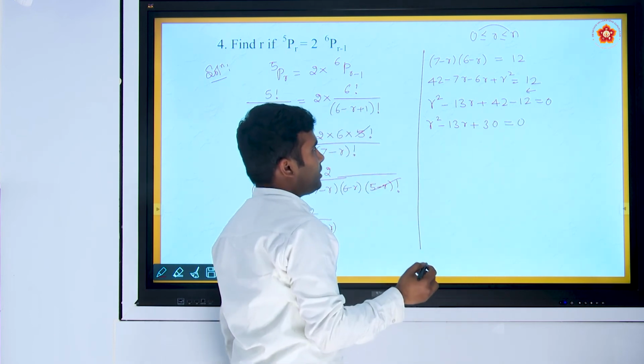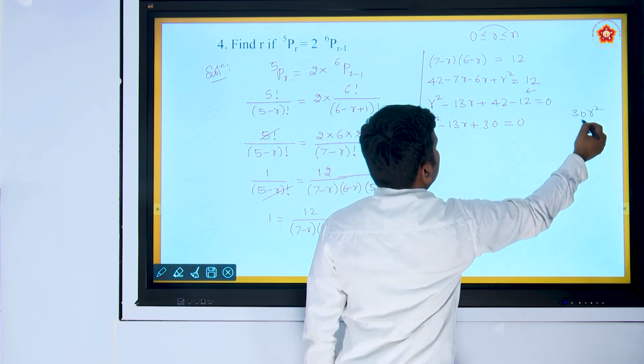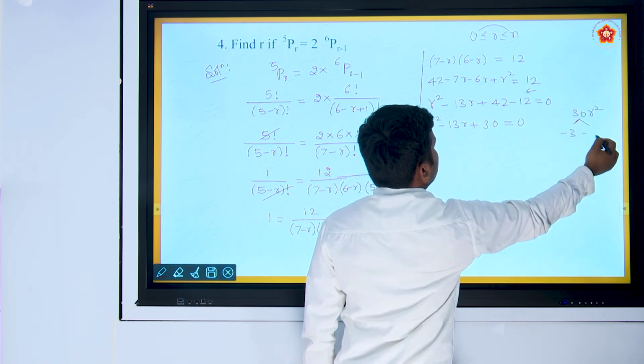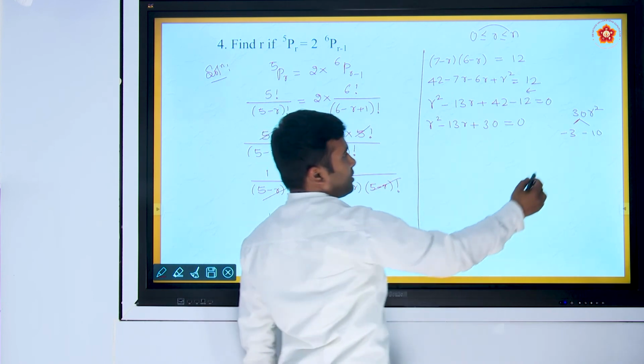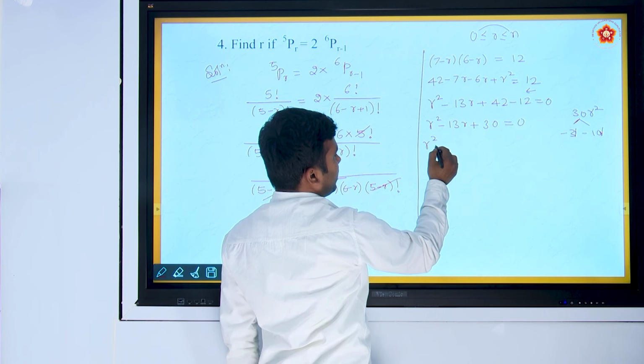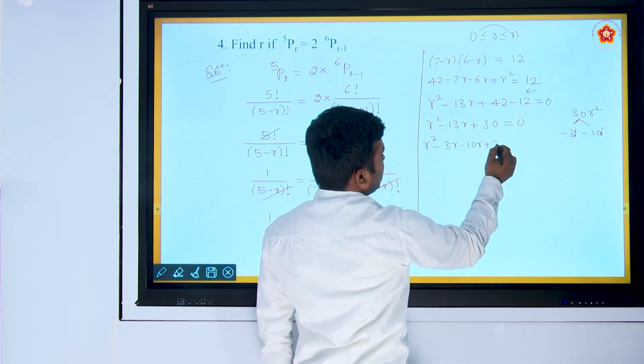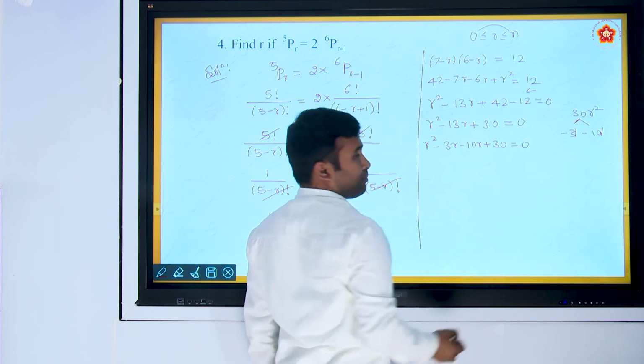Now what are the factors here? That is 30r square, so minus 3 minus 10, so minus 3r minus 10r. So I can write this equation as r square minus 3r minus 10r plus 30 is equal to 0.